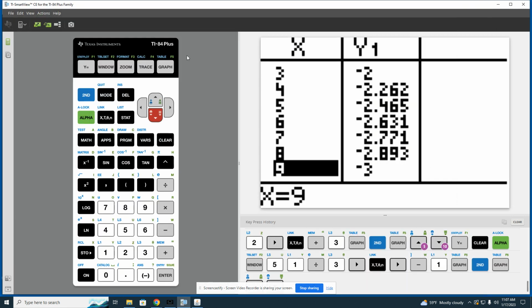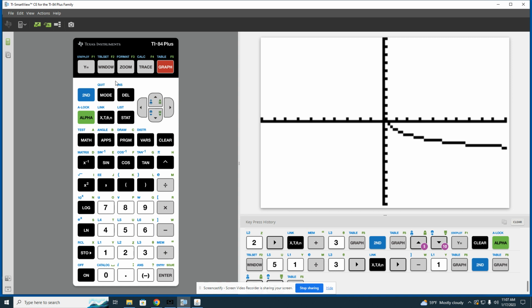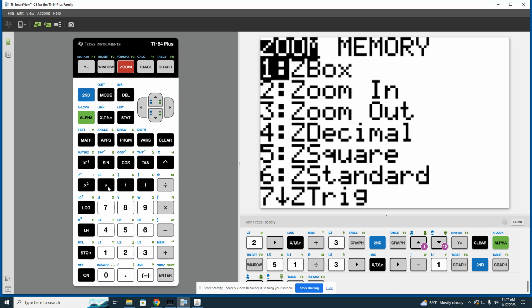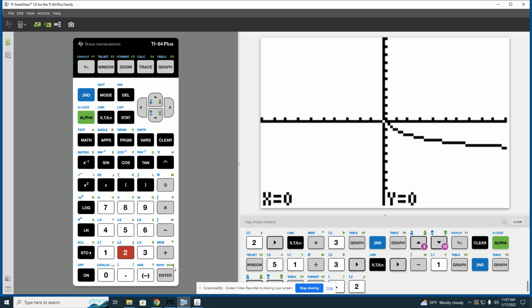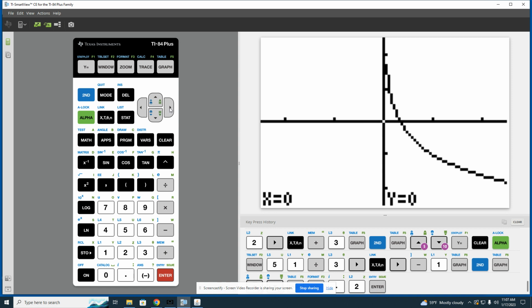One, I can go back to my graph and I can zoom in. And if I zoom in, I can now scroll and I can get really close to that intercept. Are y'all looking? I can zoom in again if I want to get really close. But look at this. As I get closer to it, that's pretty close to it, isn't it? And what does it tell me it is? 0.32.